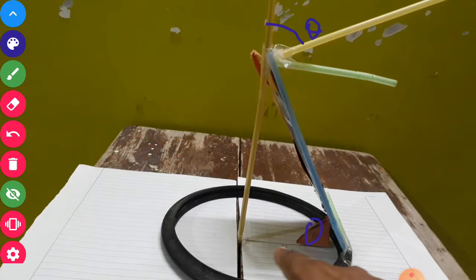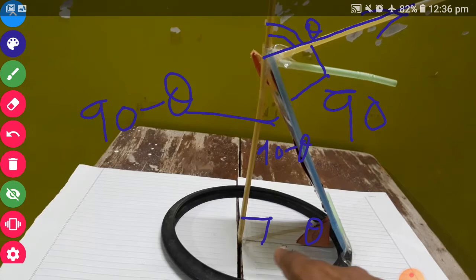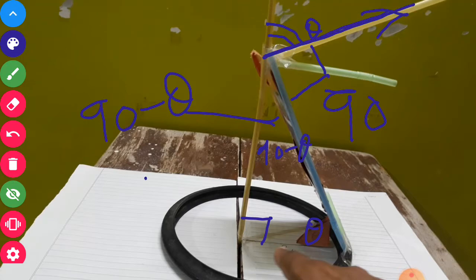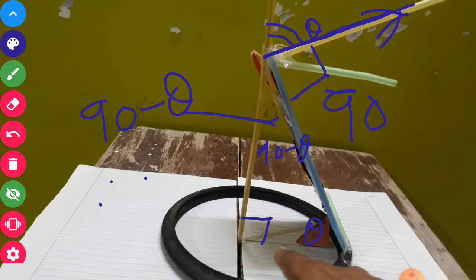So this is theta, this is your 90 minus theta, and here this is 90, and this particular angle becomes theta, as this is also 90. This is your 90 minus theta. So this dB vector, which is shown here, is making an angle theta with this axis.